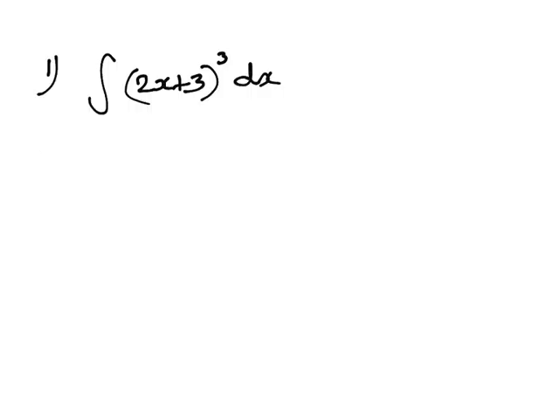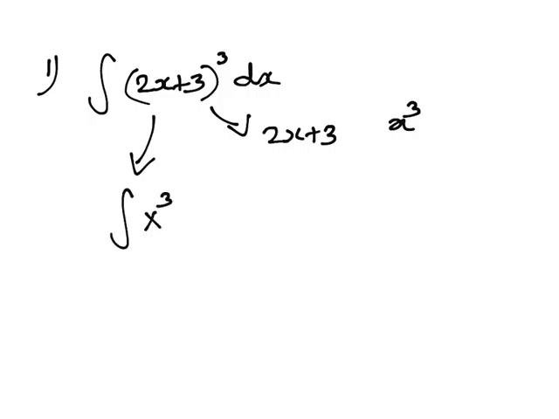Let us consider this problem. You can see this is a combination of a linear function, that is 2x plus 3, and a polynomial function, which is x cube. Of course, 2x plus 3 is also a polynomial function. Now how do we integrate this? Very simple. If it is the integral of x cube dx, what will be the answer?